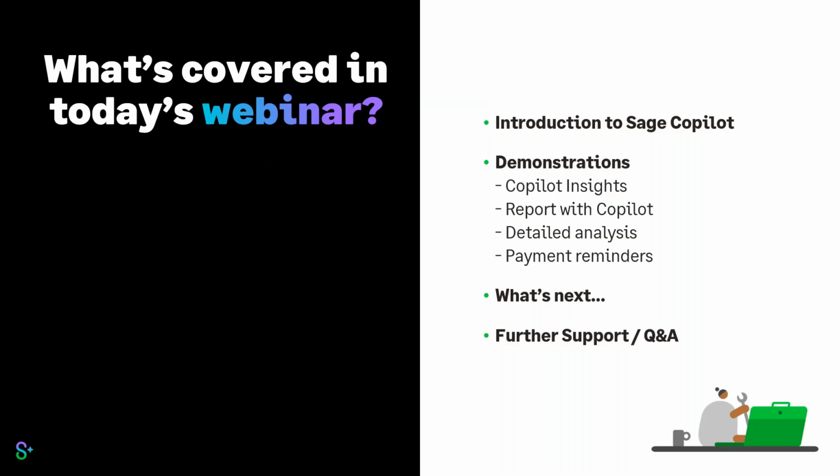So looking at the Copilot insights, we're going to touch on Report with Copilot, detailed analysis, and the latest addition to Copilot, which is payment reminders. So we'll run through that one as well. We'll then touch on what's next, to give you an idea of what you could expect or how you can get involved, how you can shape the future of Copilot a little bit.